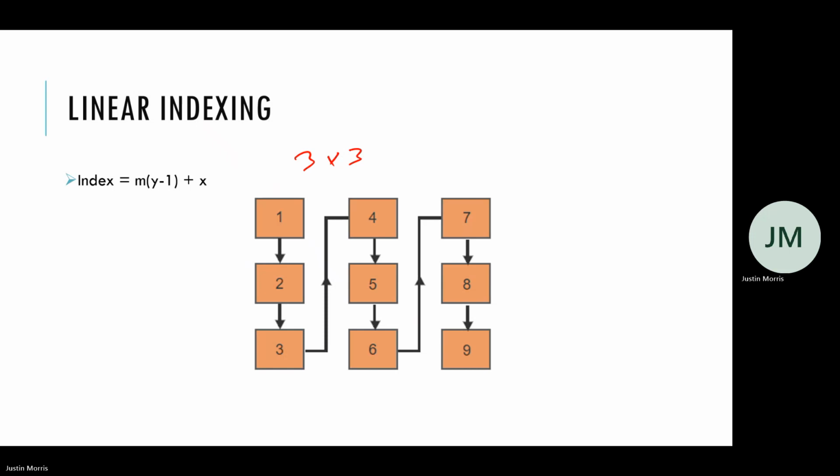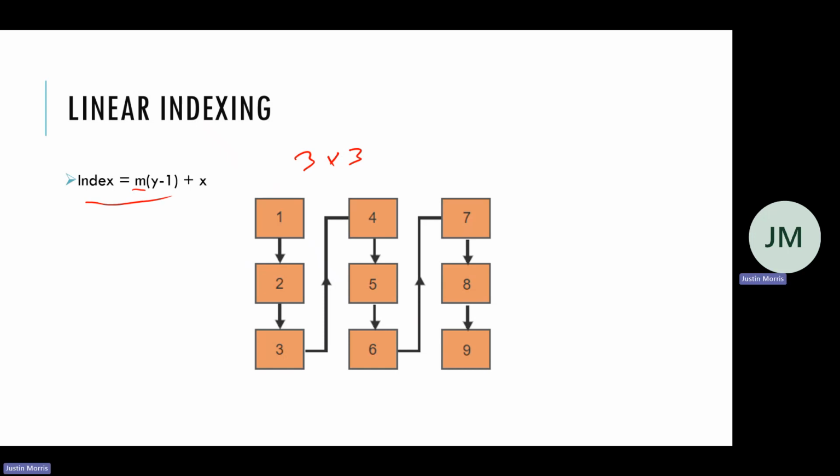So then, if your row number is m, then this is your formula for if you're indexing with the two numbers. This is converted to a linear index.